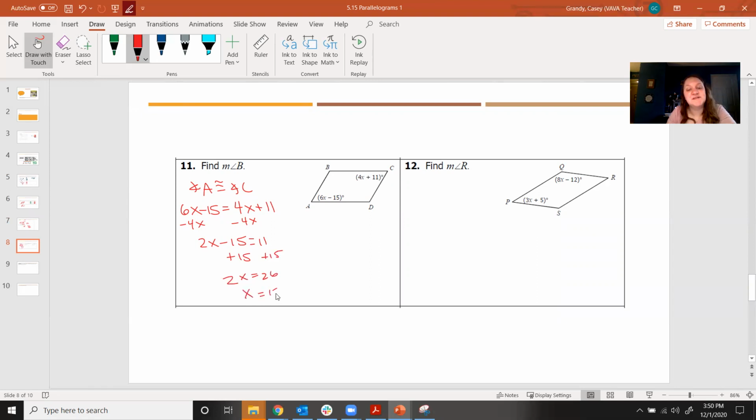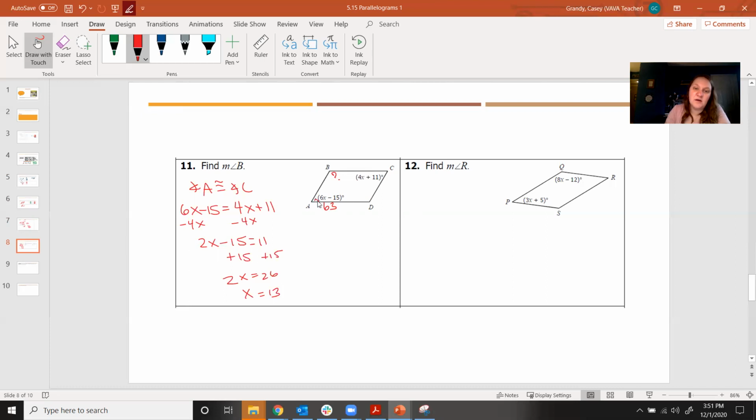So x equals 13. Now it wants to know the measure of angle B, this guy. So what I'm going to do is take my 13, and you can plug it in for either A or C. It doesn't matter. So let's see here. 6 times 13 minus 15 is 63. If you plugged it in up here for C, you would still get 63.